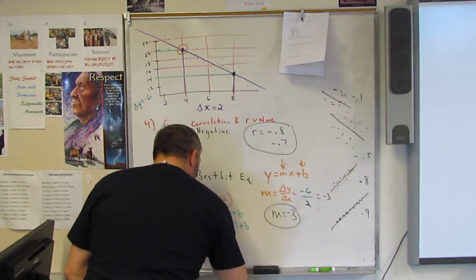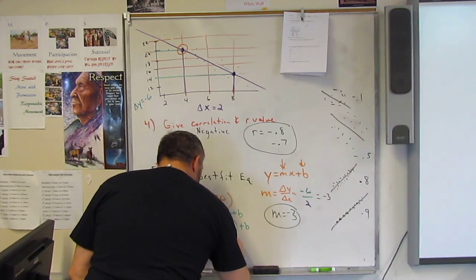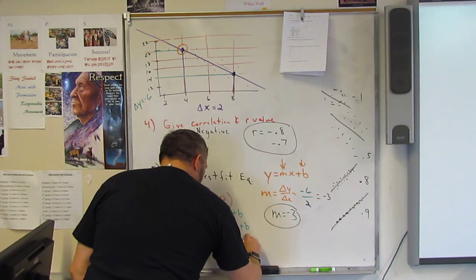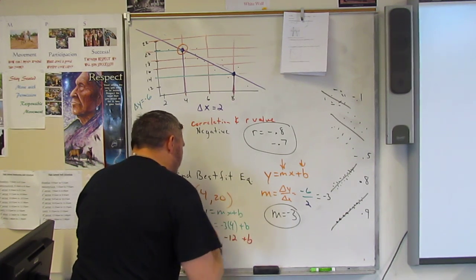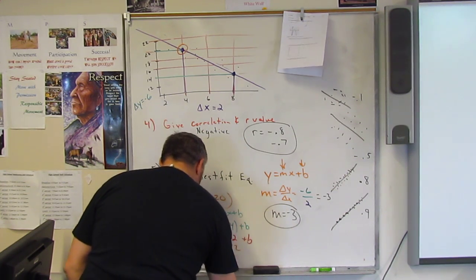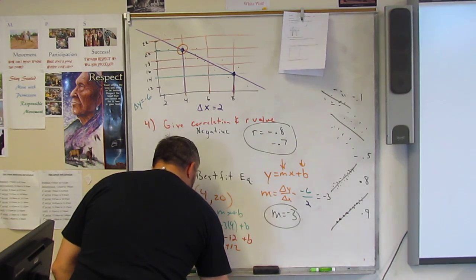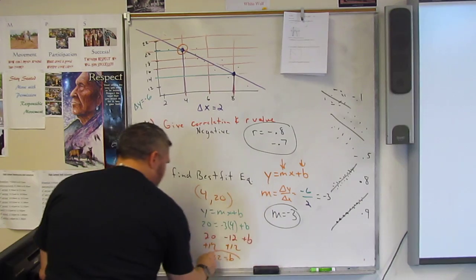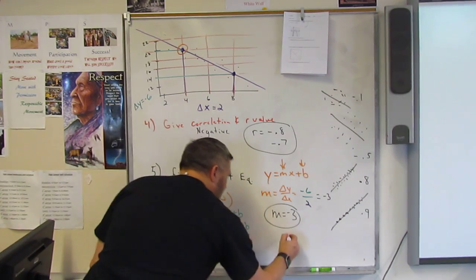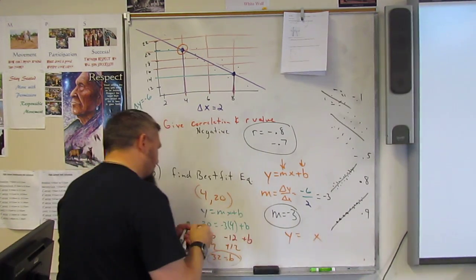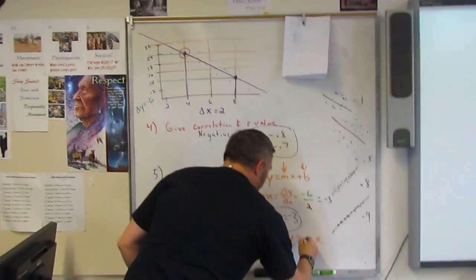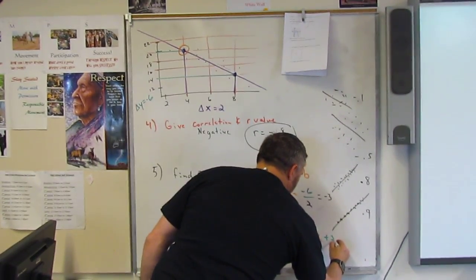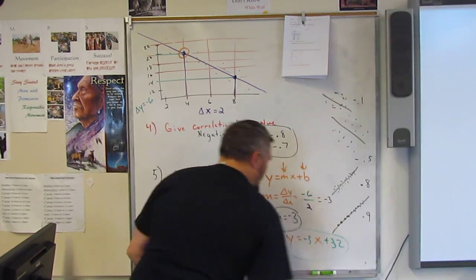So that means 20 equals negative 12 plus b. So I'm going to add 12, and I get 32 equals b. So my equation is y equals negative 3x plus 32, with negative 3 as my m and 32 as my b.